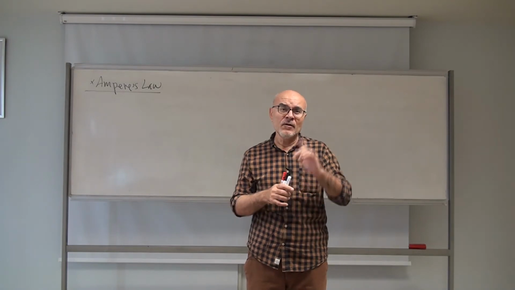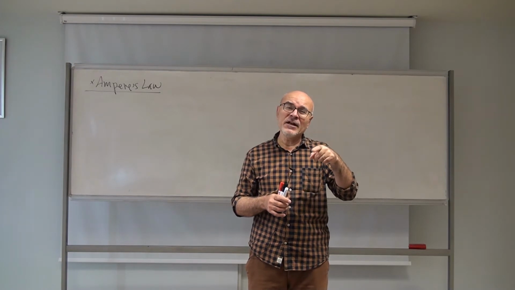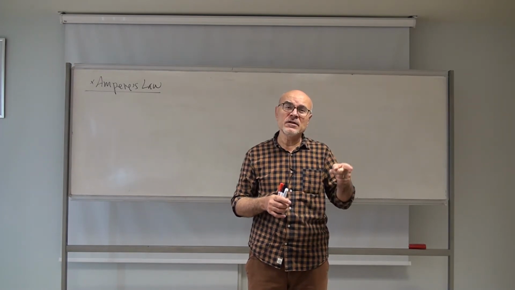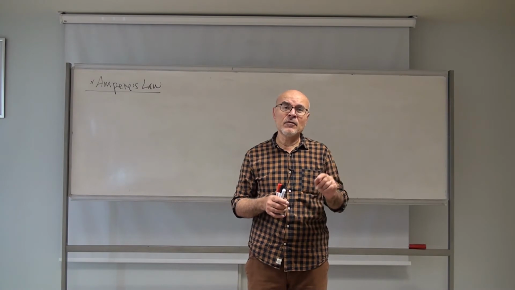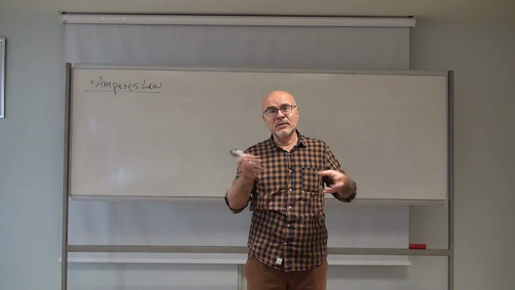Actually, just keep in mind that we can utilize Ampere's law in a way very similar to what we used in the case of Gauss law, to find the magnetic field for some current distribution.